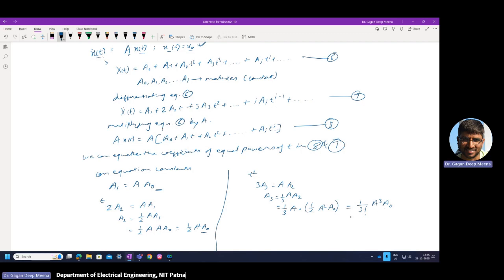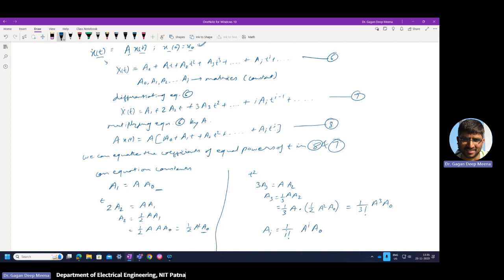If you keep on doing this, then for the ith expression we will be able to obtain something like this: Ai equals 1 by i factorial A to the power i A0. So basically we are writing the ith term in terms of its previous terms. It is a linear combination of previous terms.